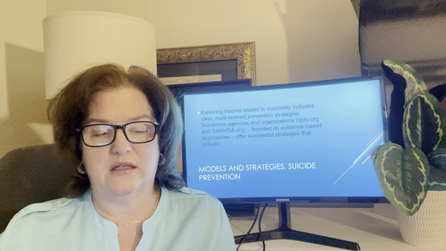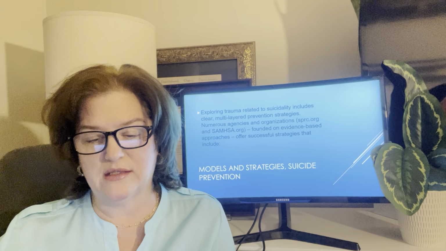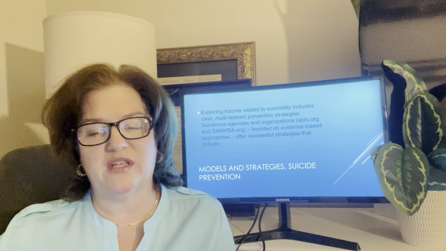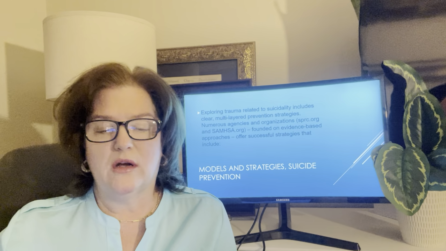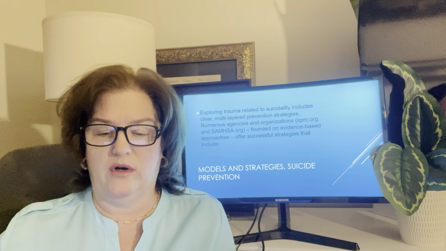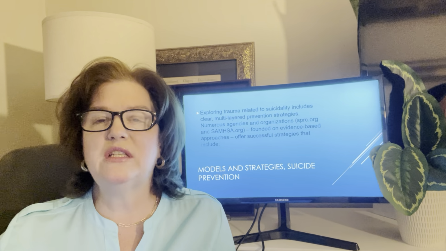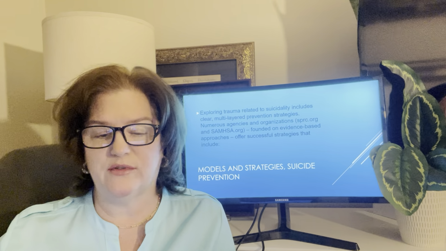Models and strategies for suicide prevention include exploring trauma related to suicidality and a clear, multi-layered set of prevention strategies. Numerous agencies and organizations, such as SPRC, the Suicide Prevention Resource Center, and SAMHSA.org, have founded evidence-based approaches that offer successful strategies.